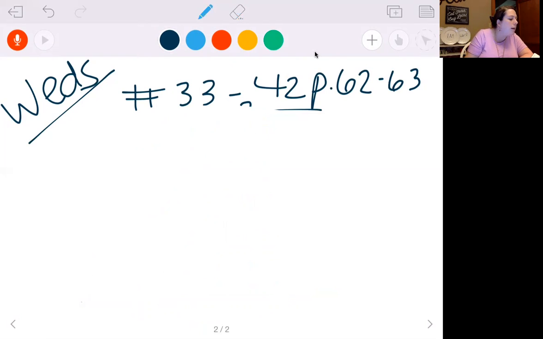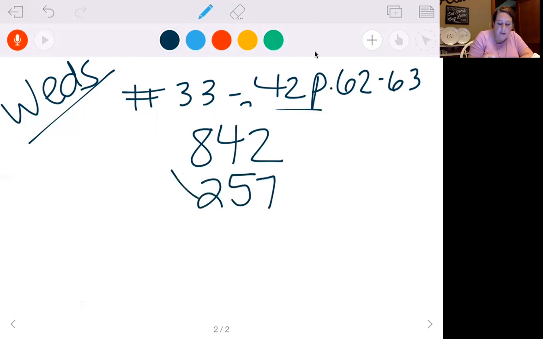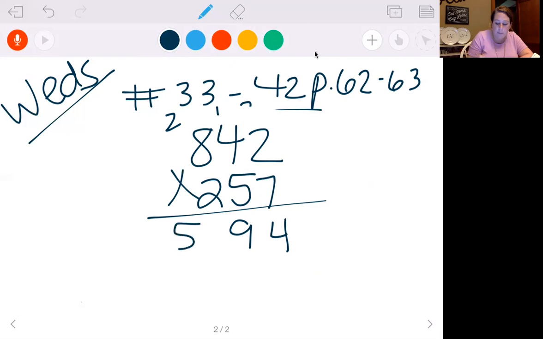All right, next, let's do 842 times 257. 7 times 2 is 14. Put the 4, carry the 1. 7 times 4 is 28, plus 1 is 29. 7 times 8 is 56, plus 2 is 58. Placeholder 0. 5 times 2 is 10.